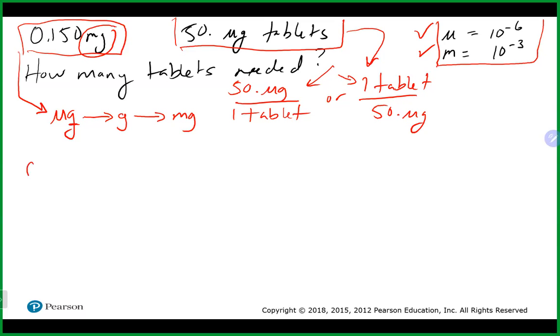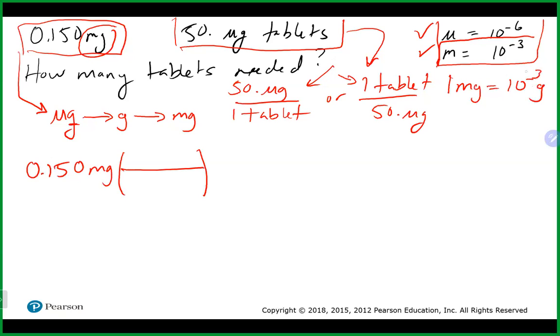We're going to take 0.15 milligrams and convert it into grams. A reminder that when we see something like this off of that table, that means in 1 milligram, there are 10 to the minus 3 grams. That is the proper way to use that table value. It means we want to go opposites.